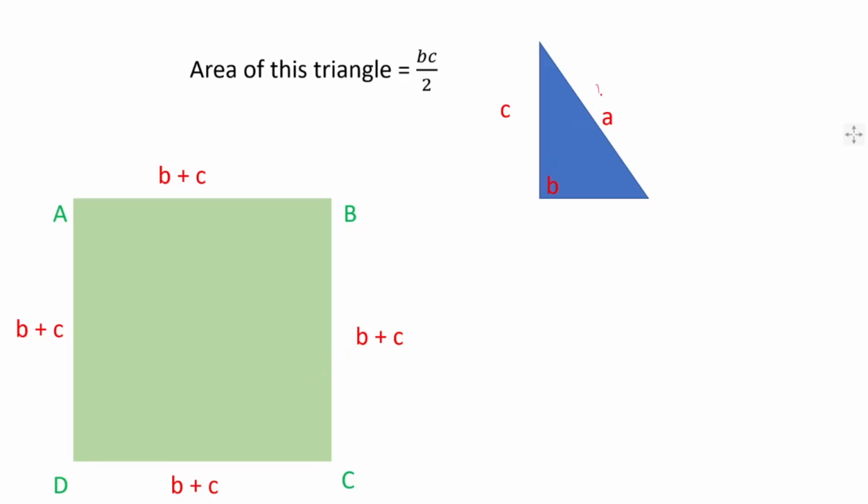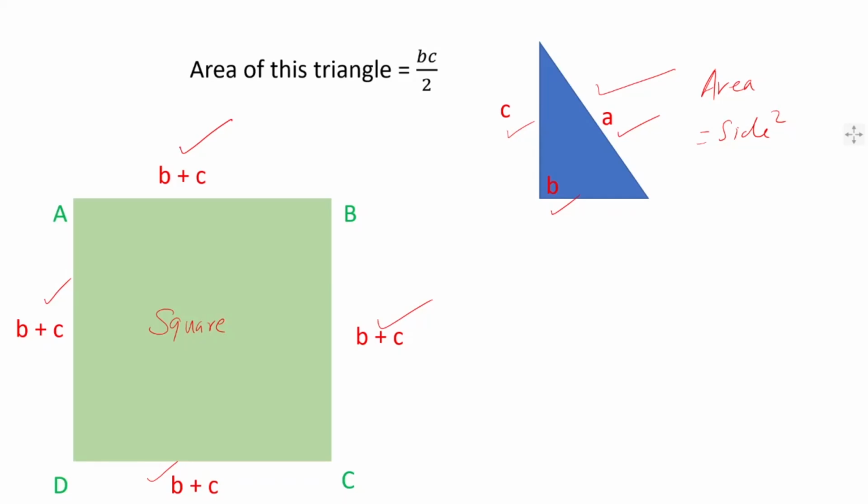Now, what actually we have to understand? The same triangle I have drawn here, with base, height, and the hypotenuse. Here is a square having its side equal to B plus C. A square has all its four sides equal, and you know that the area of a square is calculated by side square.